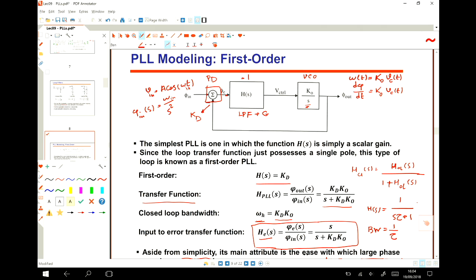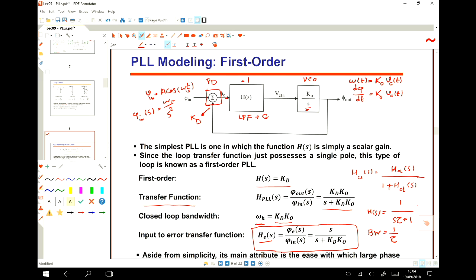We can write frequency equals d phi over dt, true? And then if I take the Laplace transform of both sides, we have s phi of s equals Ko Vc.